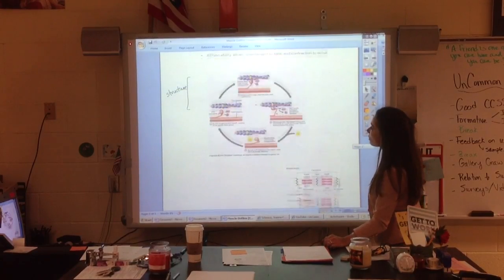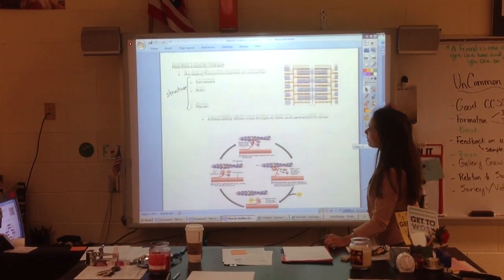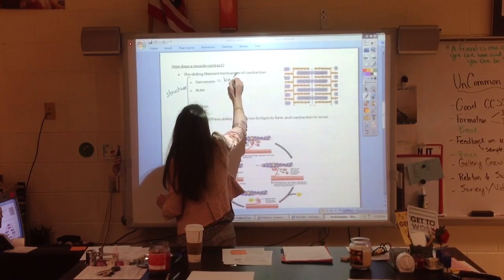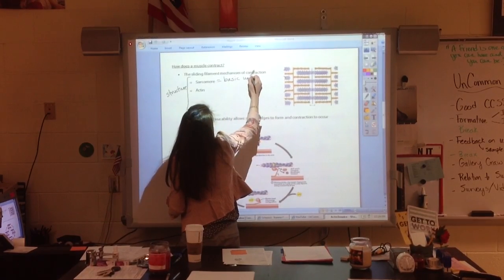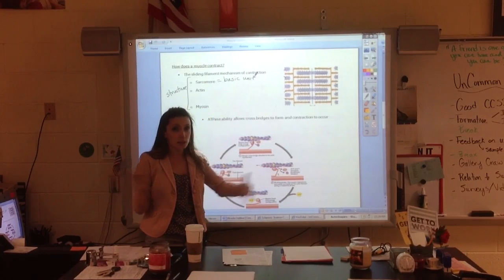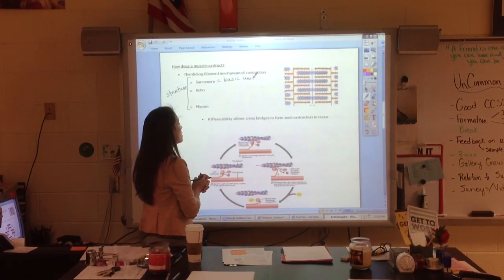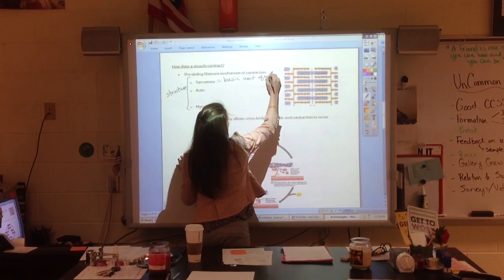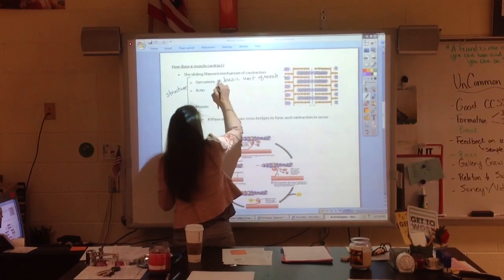A sarcomere is the basic unit. We usually think of cells as being microscopic, but muscle cells are actually macroscopic. You can actually see the cell. It is the basic unit of muscle in a cell.